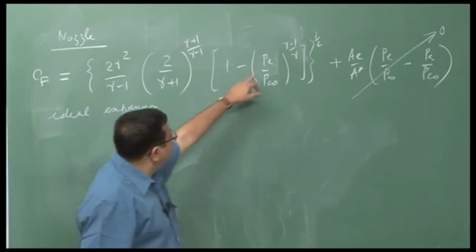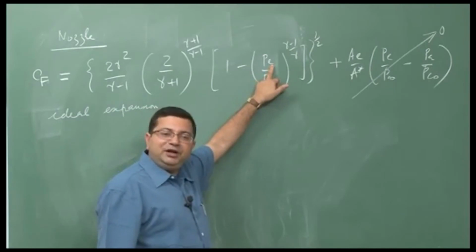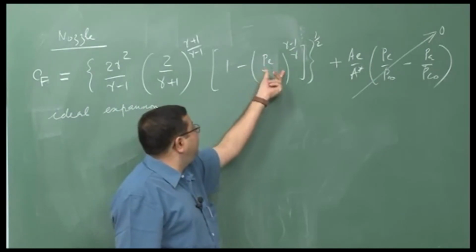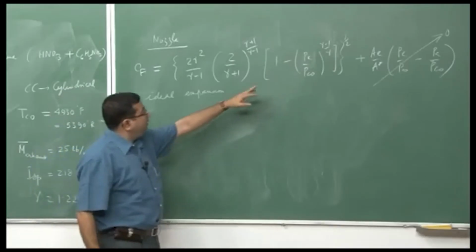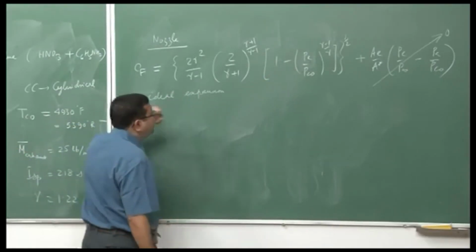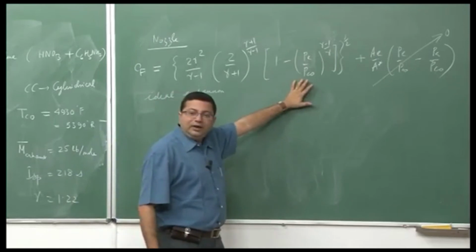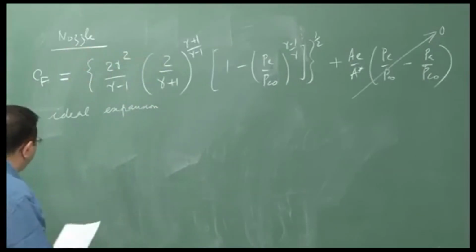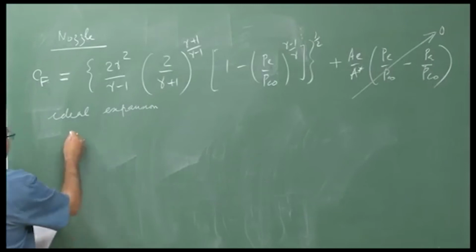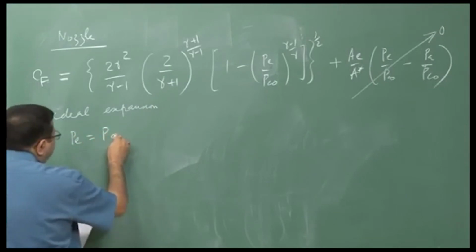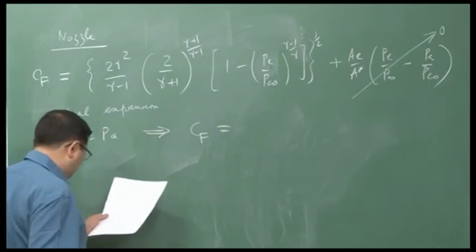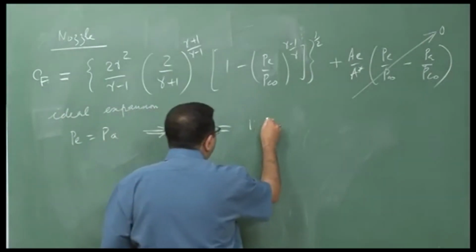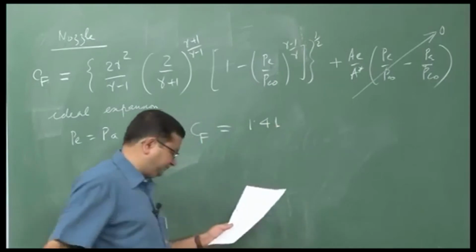In this equation the value of gamma is given, Pe is equal to Pa which is given, Pc naught is given. So, I can directly calculate the thrust coefficient. After putting all the values, it will be equal to 1.41.